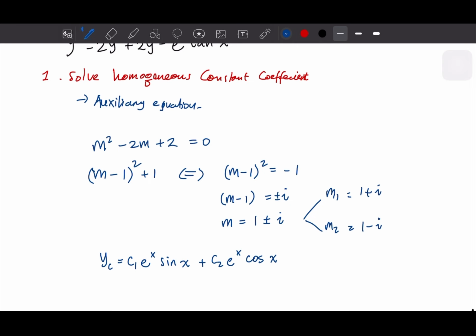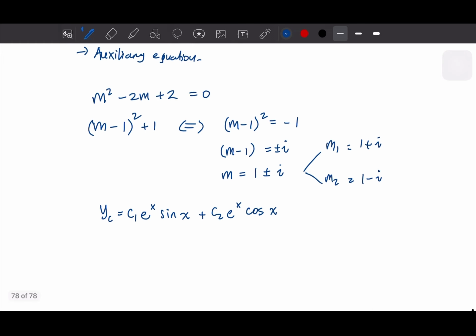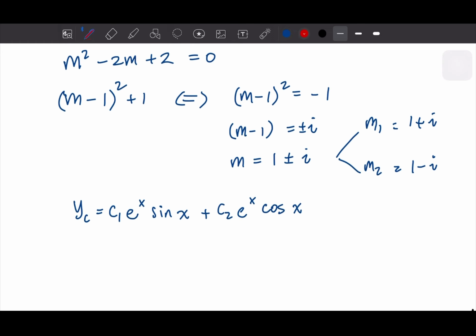Always remember that for complex roots the template is all the same. What you need to do is just find the alpha and beta.